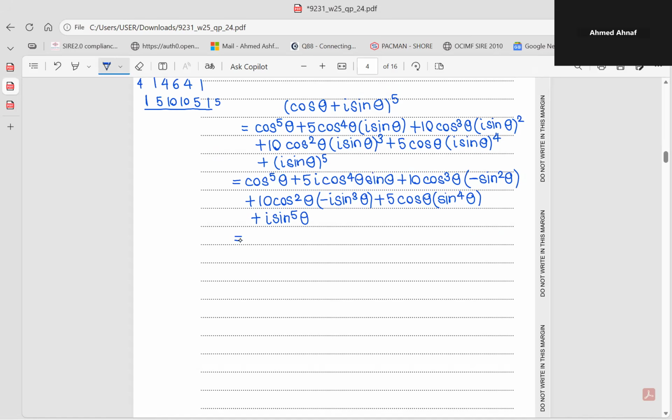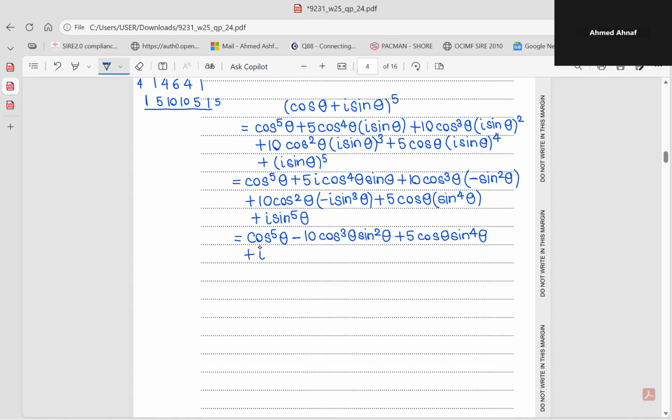Okay, so now we're going to group all the real and imaginary terms separately. So let's group the real terms first. So the real terms are cos theta to the power 5 minus 10 cosine cube theta sine square theta plus 5 cos theta sine theta to the power 4.